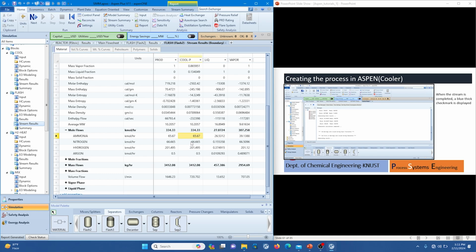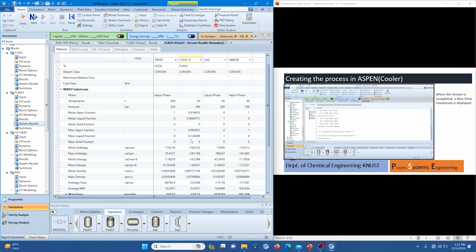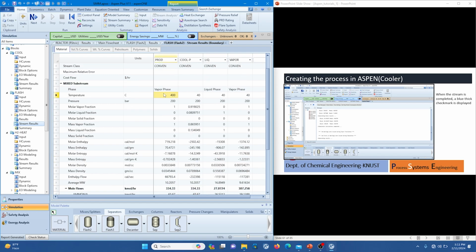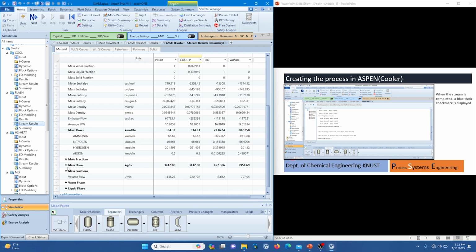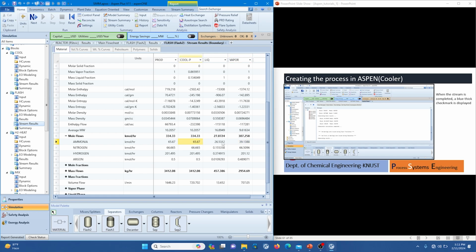And see the temperature of our product is 40. When it comes to the mole flows, ammonia, see how much separation you get based on the feed stream. It's not been able to recover a lot of ammonia in the liquid phase. So we might need to drop the temperature further to do that.